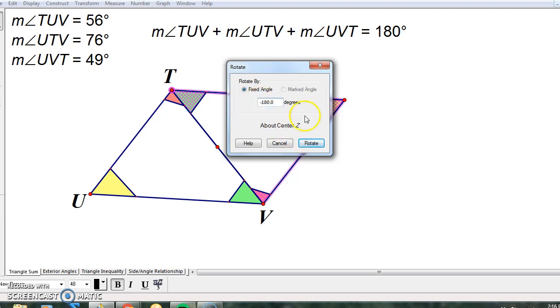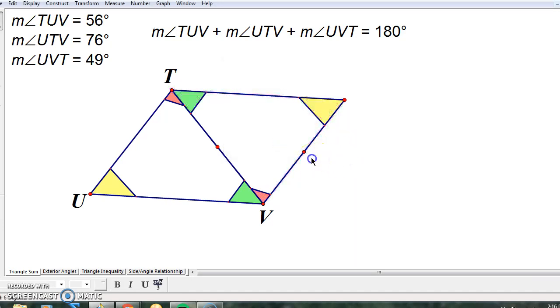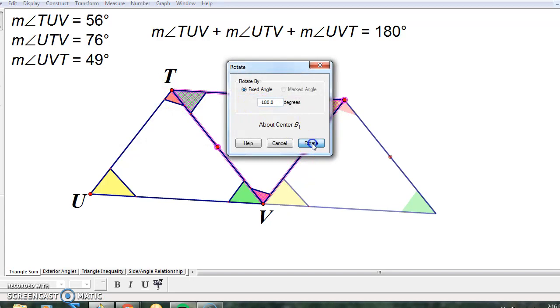Negative 180. Wait. Hold on. I have to make that the point of rotation. Now let's try and rotate it. Transform, rotate, 180 degrees. There we go.